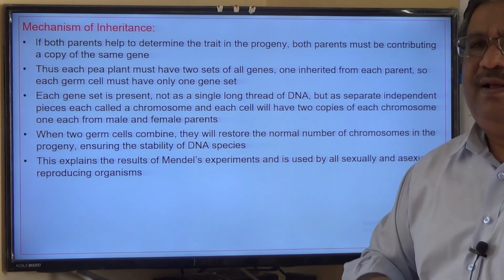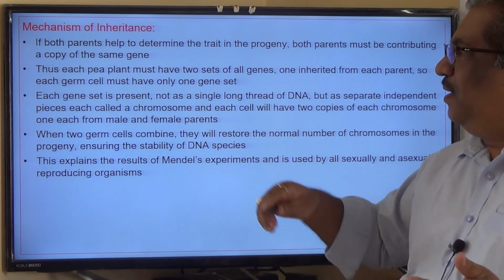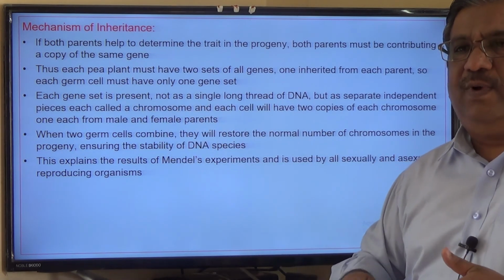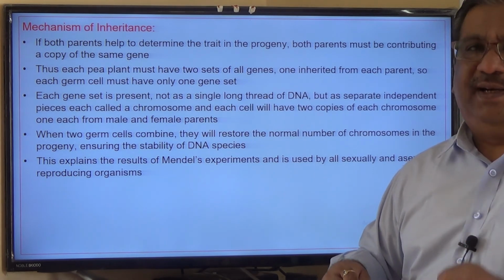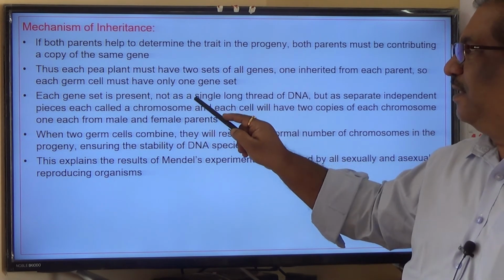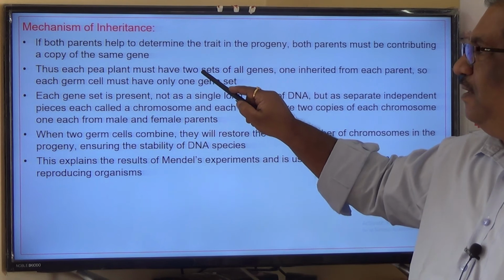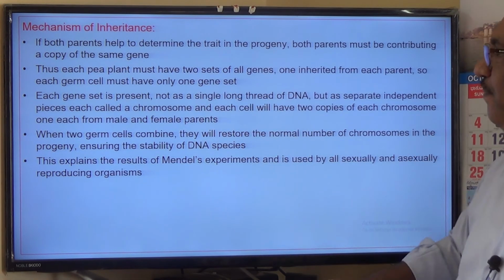Remember, the gametes, or the germ cells or sex cells, will have half the number of genes present in the parents. If there are two gene sets in the pea plants, in the gametes there should be only one gene set.